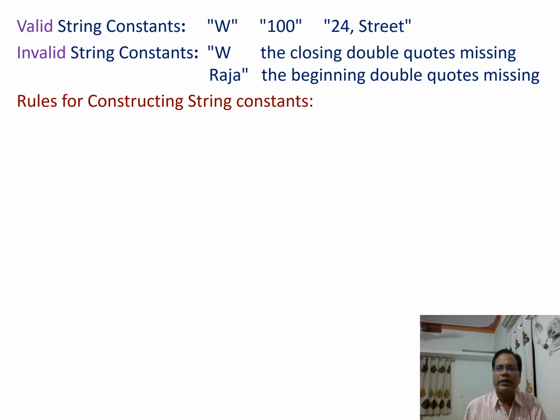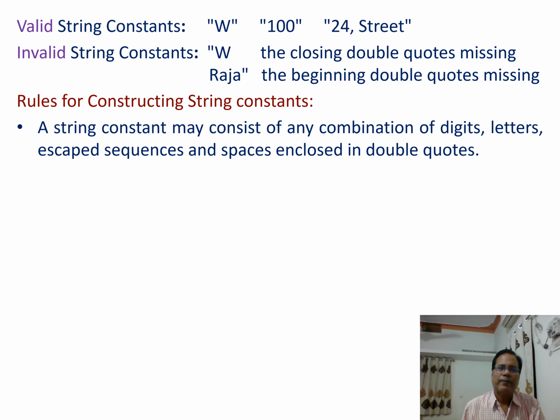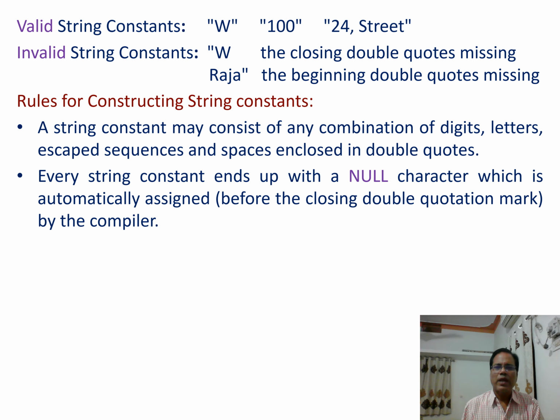Rules for constructing string constants. A string constant may consist of any combination of digits, letters, escape sequences, and spaces enclosed in double quotes. Every string constant ends with a null character, which is automatically assigned before the closing double quotation mark by the compiler.